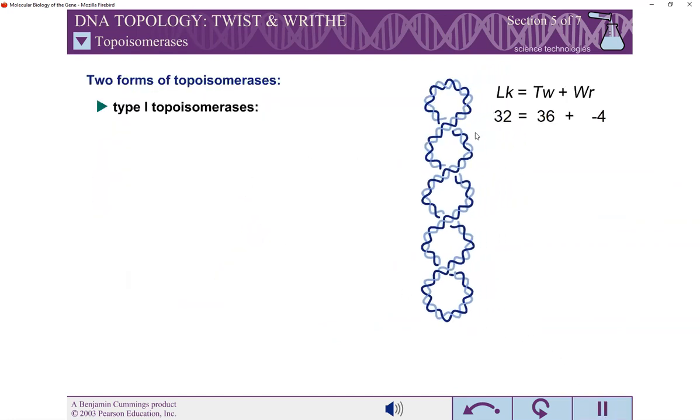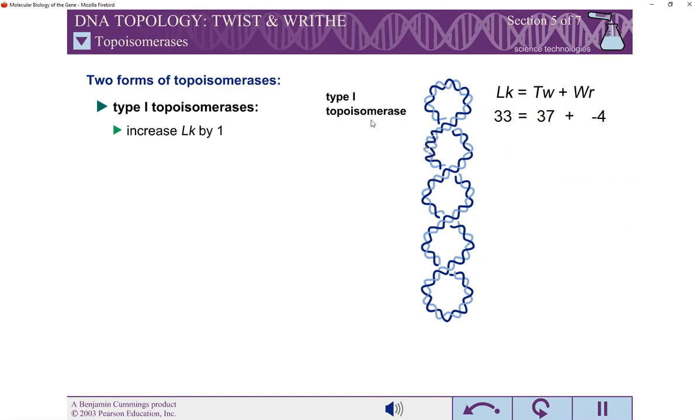There are two types of topoisomerases: type 1 and type 2. Type 1 topoisomerases increase the linking number by 1. That means they add a positive supercoil in the structure of the DNA, through an additional twist.